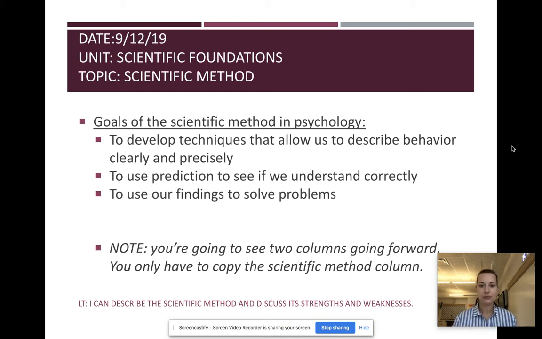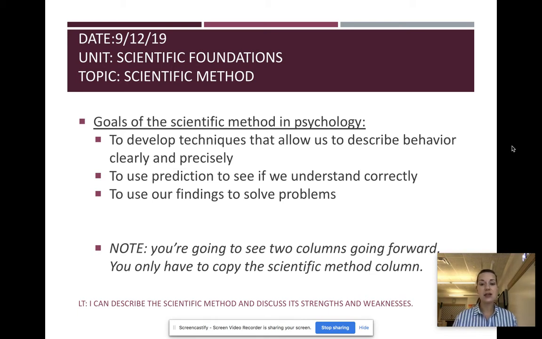And we're going to walk through an example, so I'll show you what I mean in just a minute. We also use the method because we want to see if we understand correctly. And the method gives us a place to predict, and then it gives us a place to see whether that prediction came true, if maybe we prove something else, maybe it's inconclusive, right? So we need to know what that starting prediction was so that we can understand our results, right?